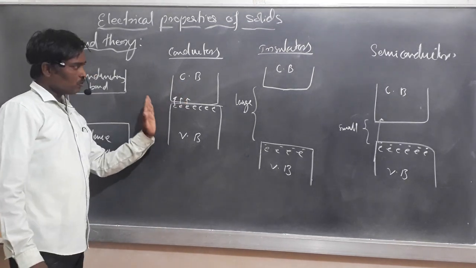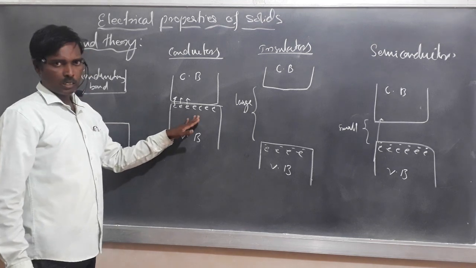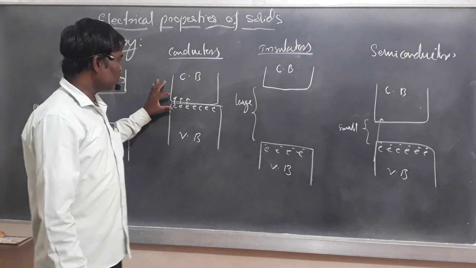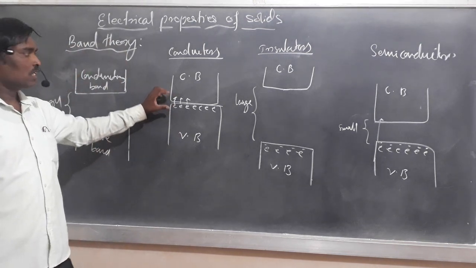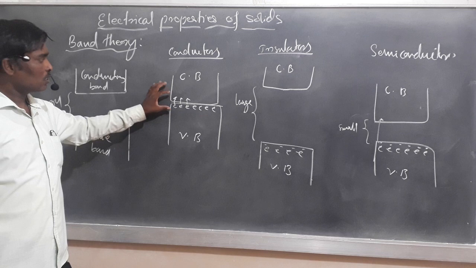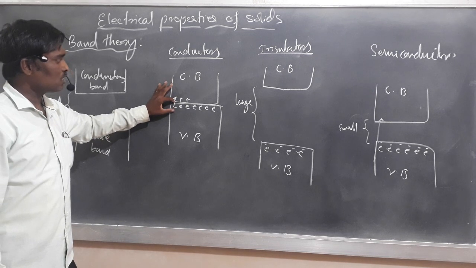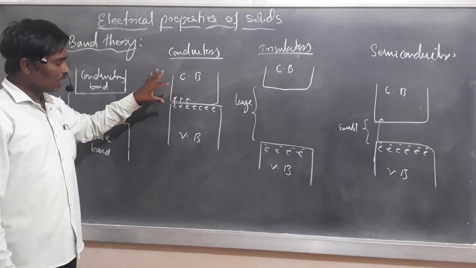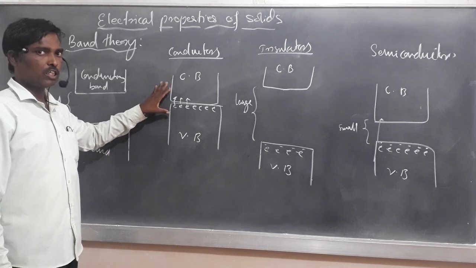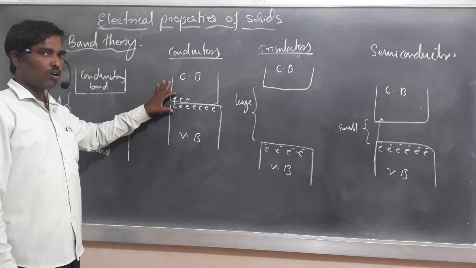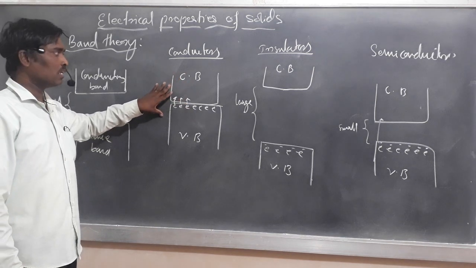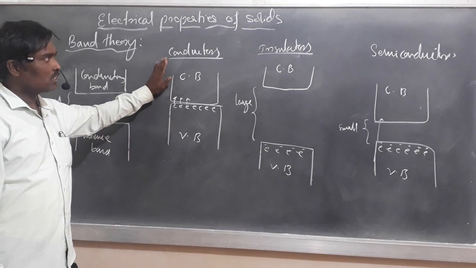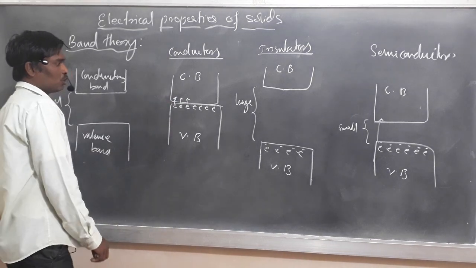If you increase the temperature, this arrangement is disturbed. We call that thermal agitation, a disturbance in the order of the electrons by heating. That's why the conductivity of conductors decreases with increasing temperature.